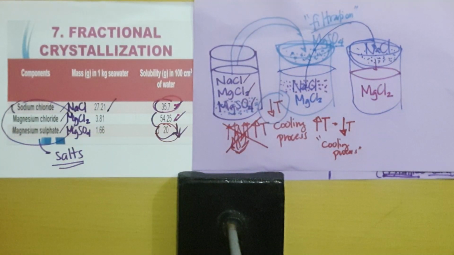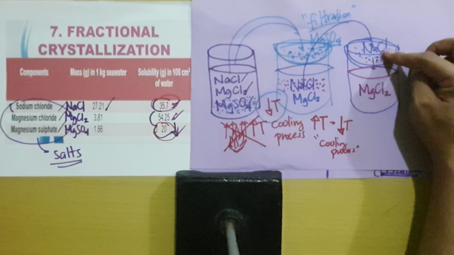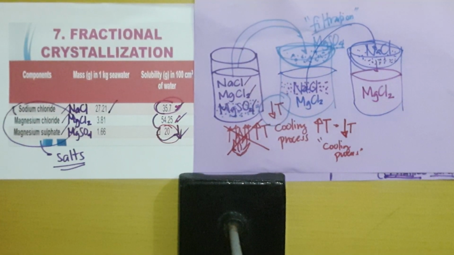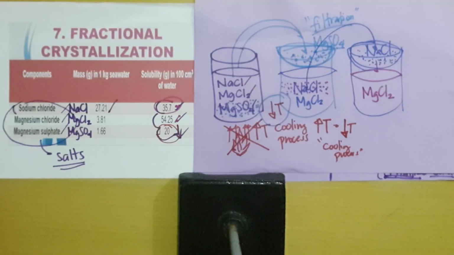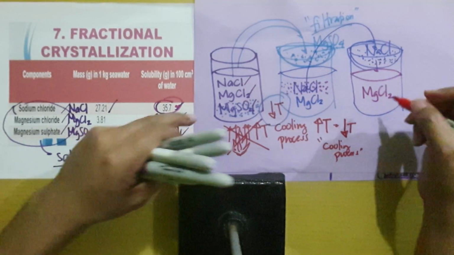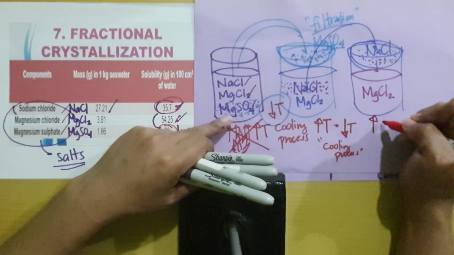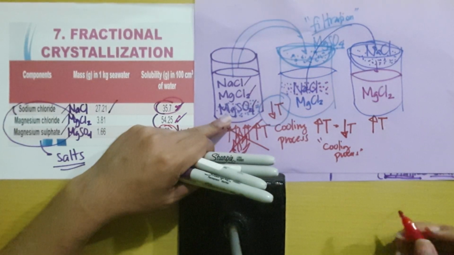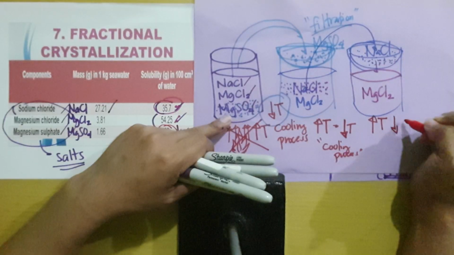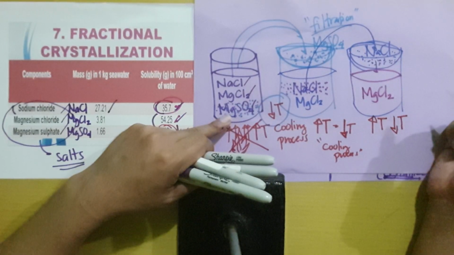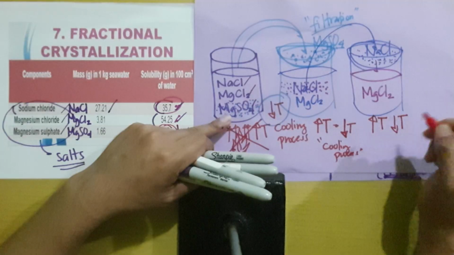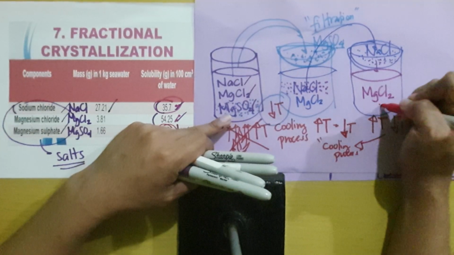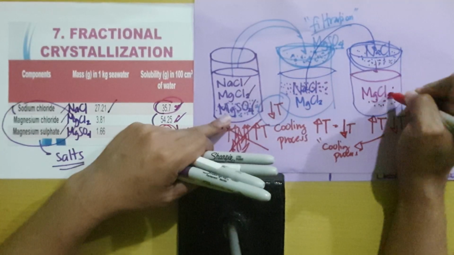So take note, sodium chloride here was recovered, and then the remaining salt will be magnesium chloride. To repeat the process once more, it will be subjected again to a high temperature, then afterwards to a low temperature once again, and there will be a cooling process in which magnesium chloride will crystallize.